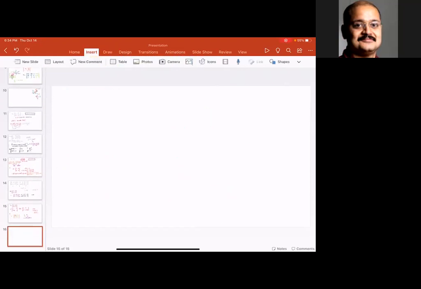Everyone understood this problem? The next problem is on the determination of the Hessian. Did anyone get this problem right? Before I solve it, I want to talk about something very important.